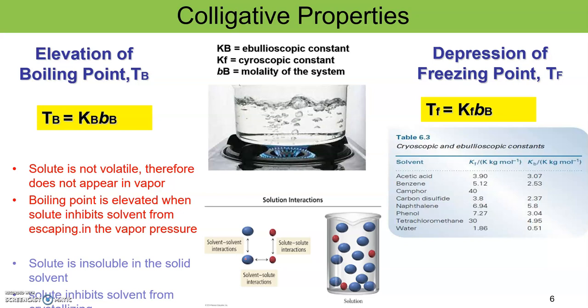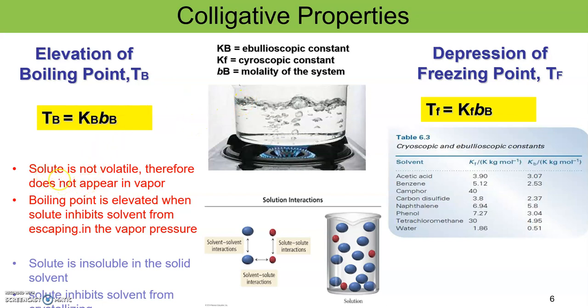So that's why we need more energy to overcome all of this interaction. That's why there is an increase in the boiling point, and also depression of the freezing point.